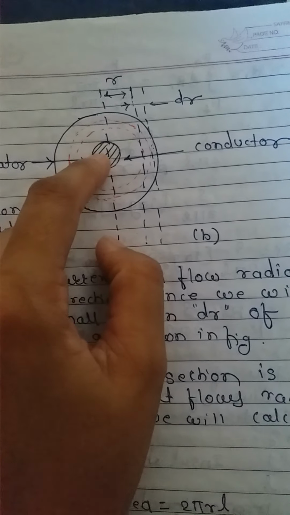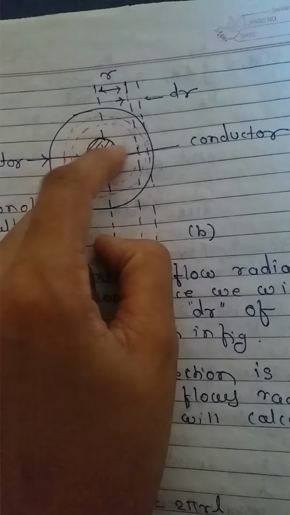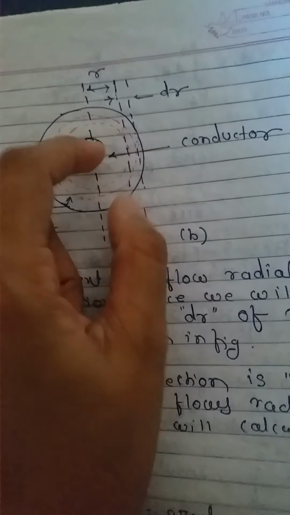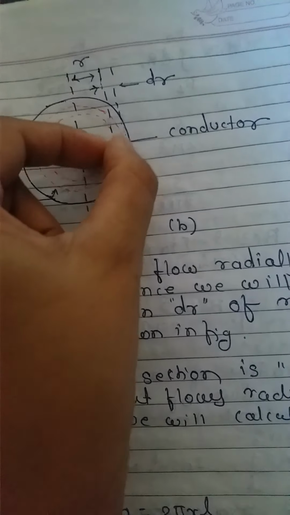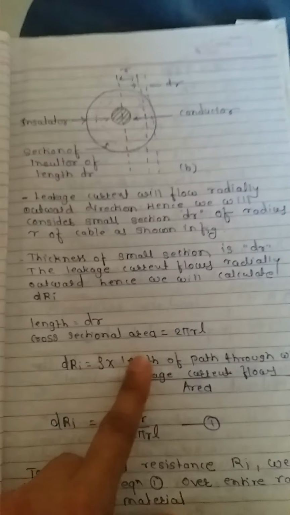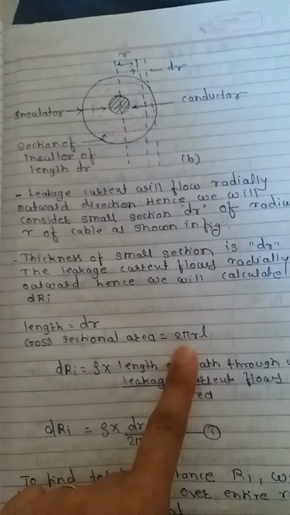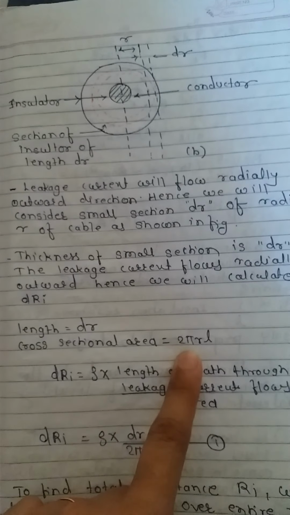Now all of you know that the current will flow radially outward, correct? So if it flows radially outward, how much length will it travel? It will travel this much length. As you consider this much thickness, it will travel the length dr. Cross sectional area will be 2 pi r L, as this is a cylindrical shape.